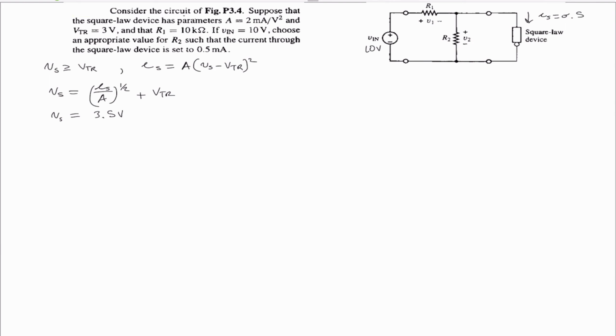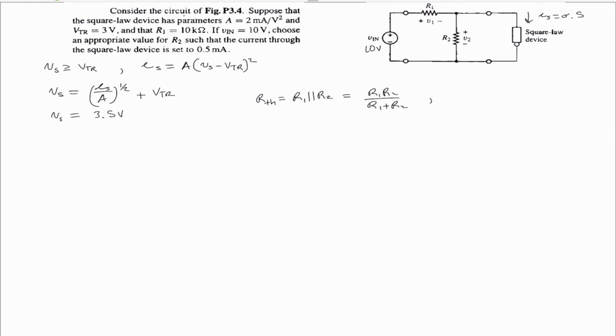Now, to find R2, we can then solve for the Thevenin equivalent for the circuit and then solve for R2. So we know that R Thevenin is as follows: R1 parallel with R2, that is equal to R1 times R2 over R1 plus R2.